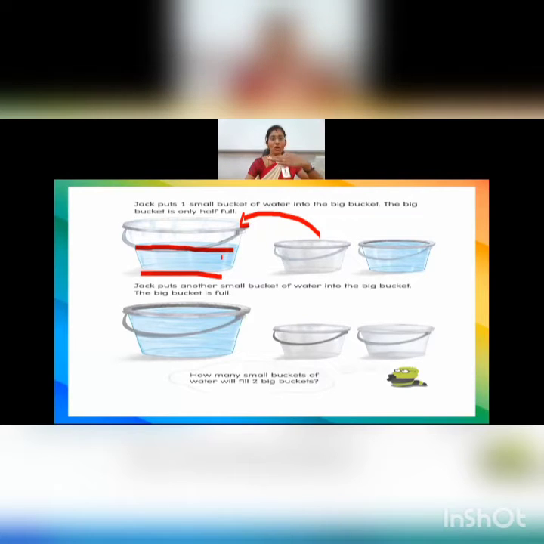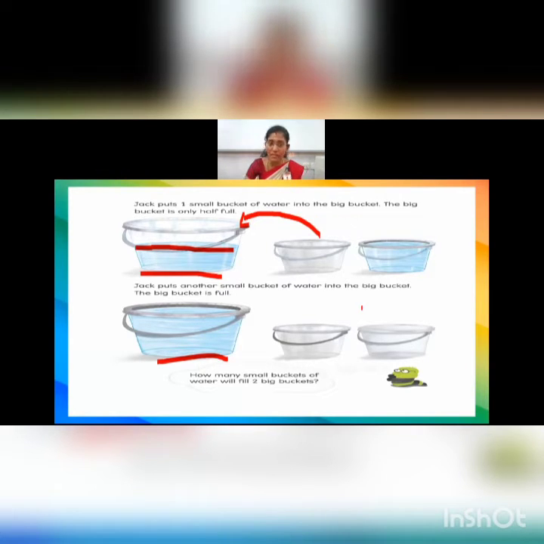Can you see that? So Jack puts another small bucket of water into the big bucket. The big bucket is full. Now the big bucket is full. How?